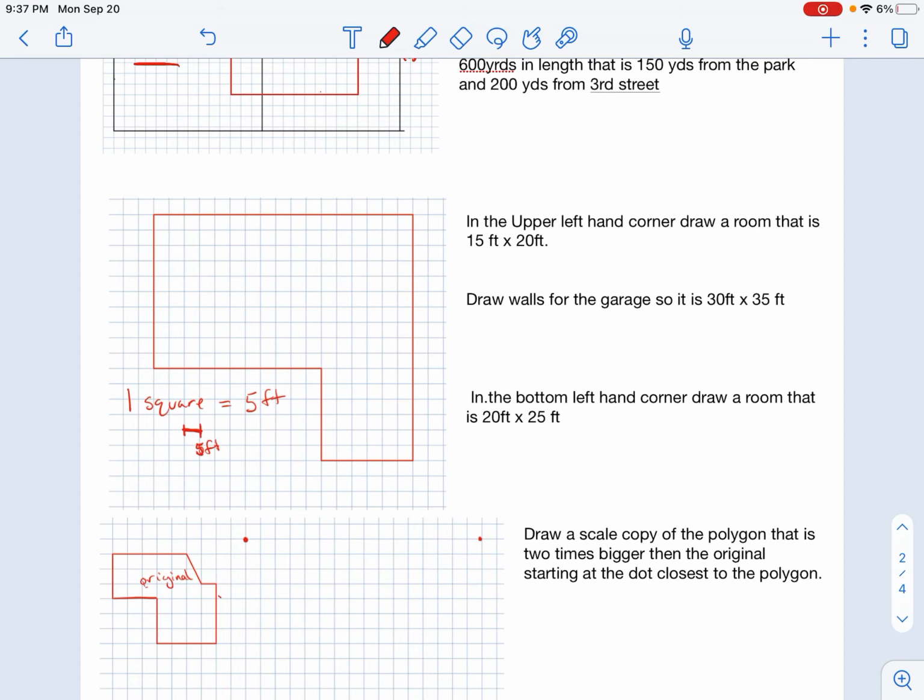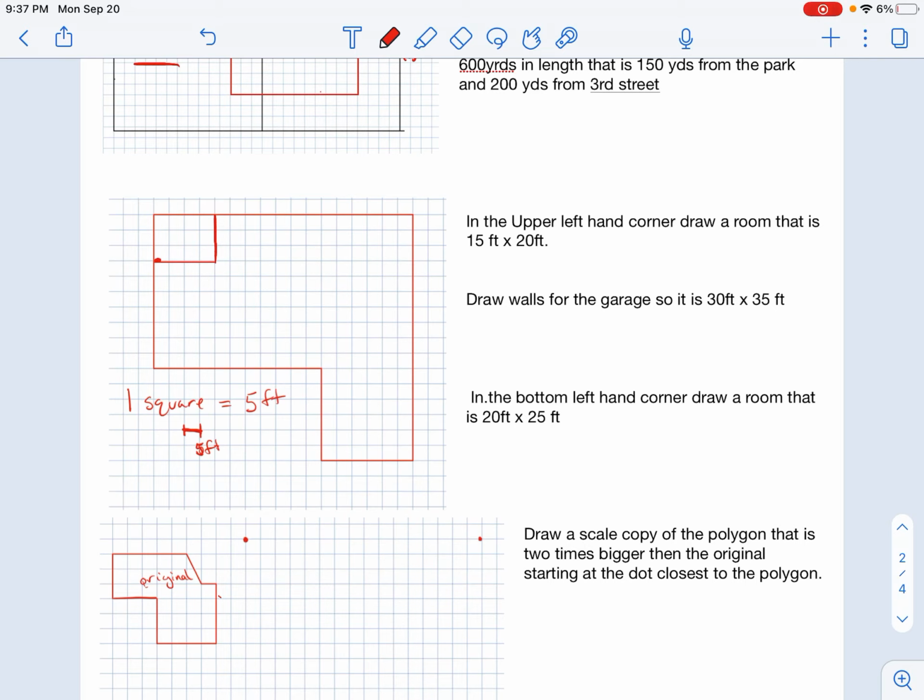Well, for the width of the room to be 15, upper left-hand corner is up here, so we're going to go down 3 squares and start there. And now it's 20 wide, so if each square is 5, 5 times 4 is 20, so we're going to go 4 squares. And then we just close it off. There, we've made our room that is 15 feet by 20 feet.